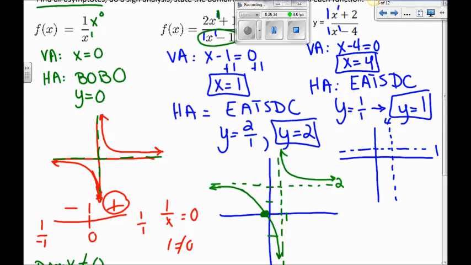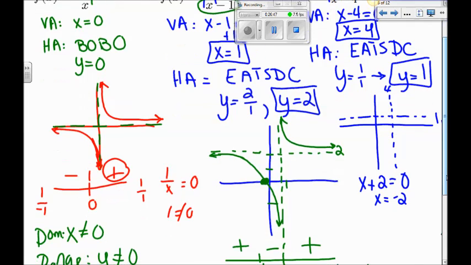Okay, we need to do sign analysis, and we need to find any zeros of our function first. So we make the numerator equal to 0, and we get x equals -2 is the zero, which means on our sign analysis, we're going to have -2, and we're going to have our vertical asymptote, which we'll represent with a dashed line, at 4.